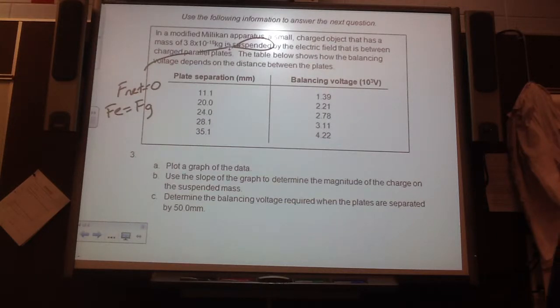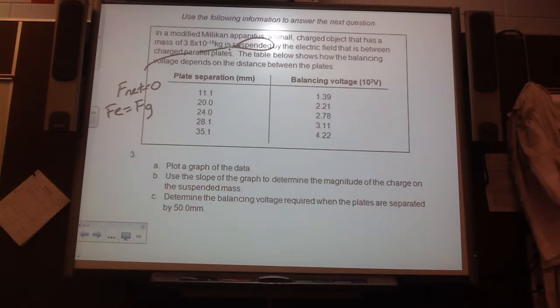The table below shows how the balancing voltage depends on the distance between the plates. All right, so we're given some data, and then we're asked to plot the graph of the data, and then use slope. So we'll have to break down what our slope is for this linear formula.